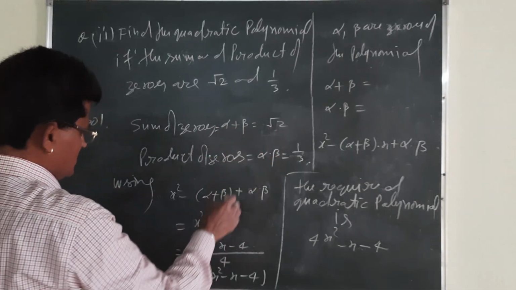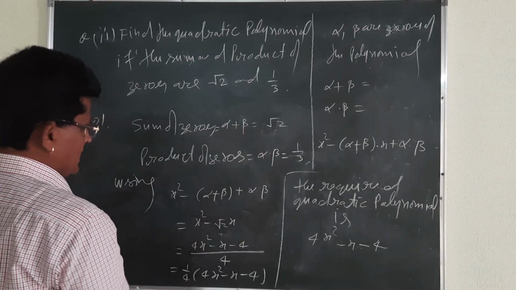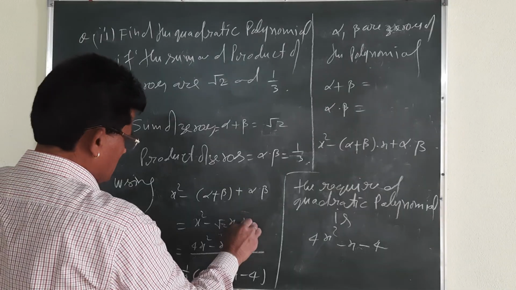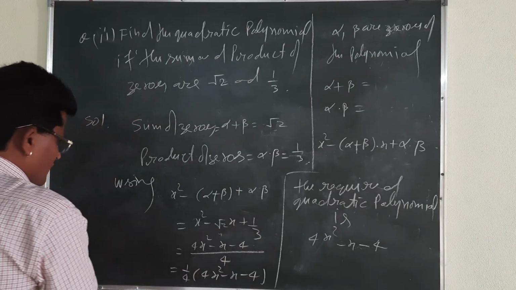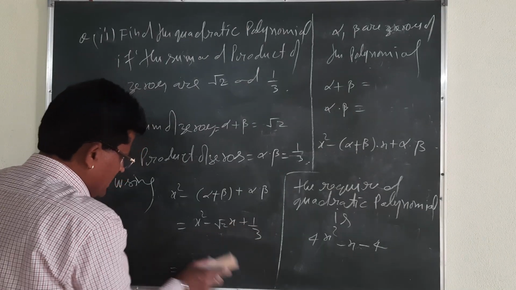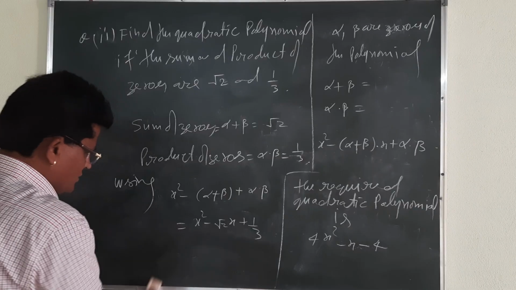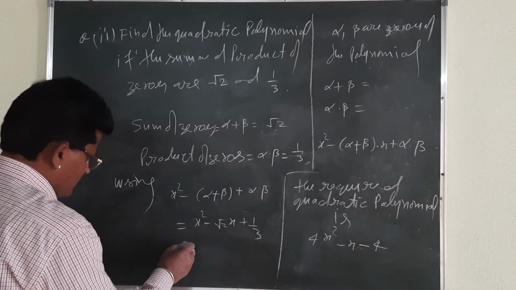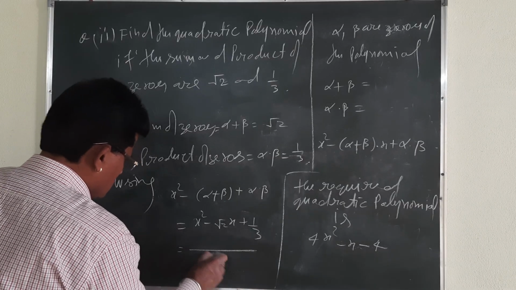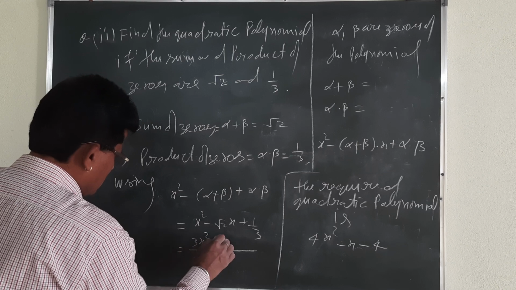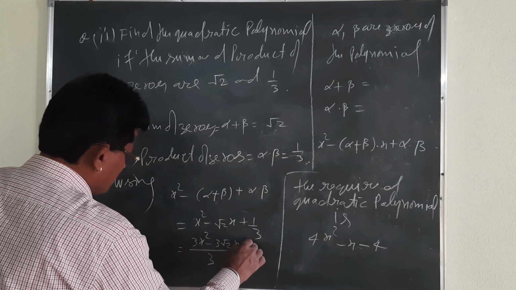Sum of zeros is root 2, and product of zeros is 1 by 3, so x square minus root 2 x plus 1 by 3. You will take the LCM, 3. Then 3x square minus 3 root 2 x plus 1.